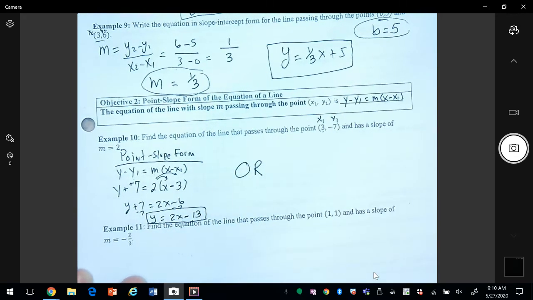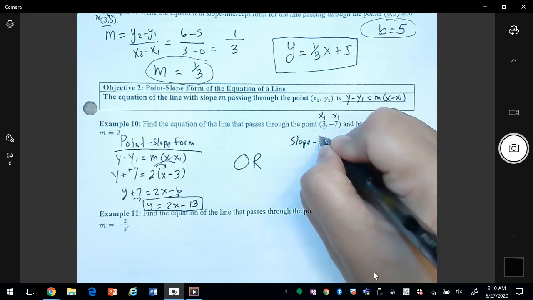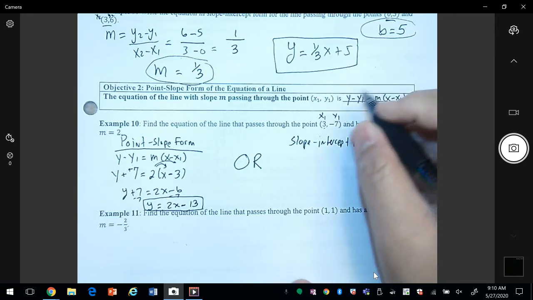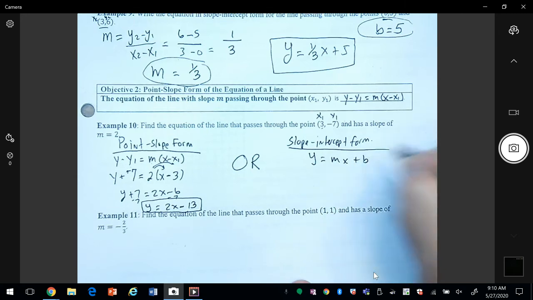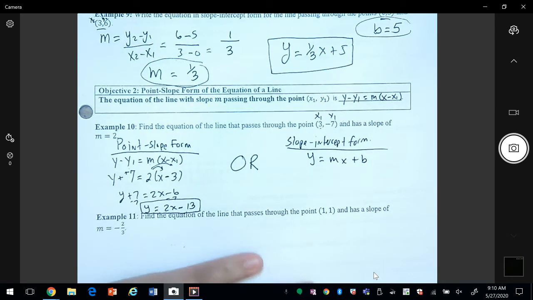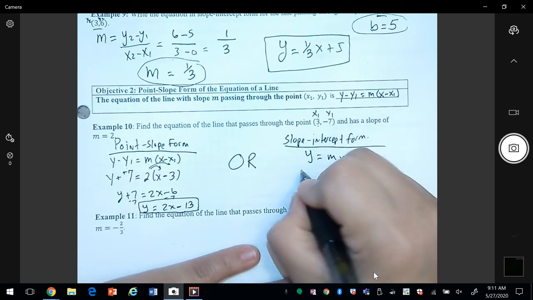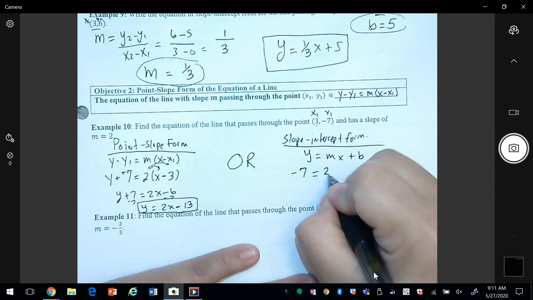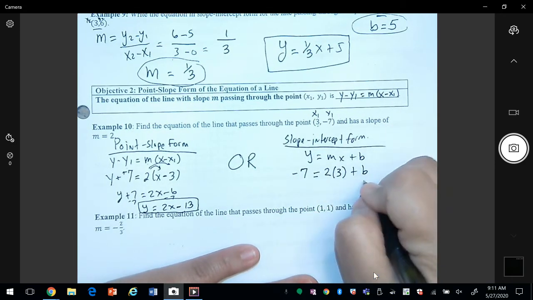Or the second way you can do this is using the slope-intercept form. And recall that is y equals mx plus b. And so what we can do here is y is going to be this -7. m is given, which is 2, x is 3, and then we have b.